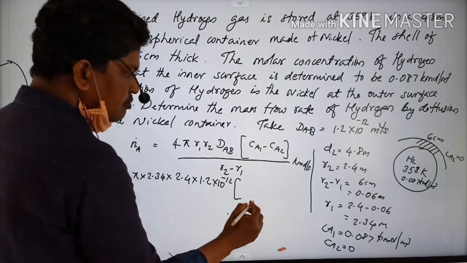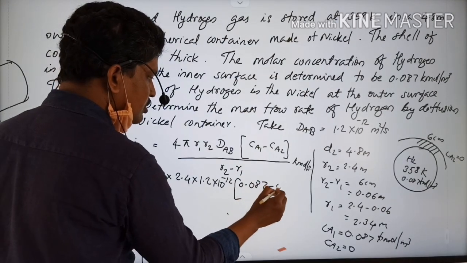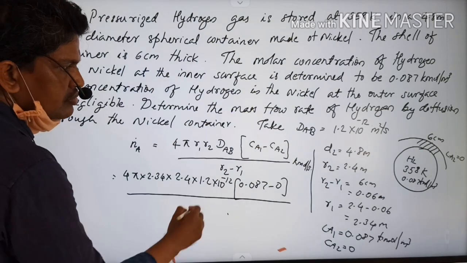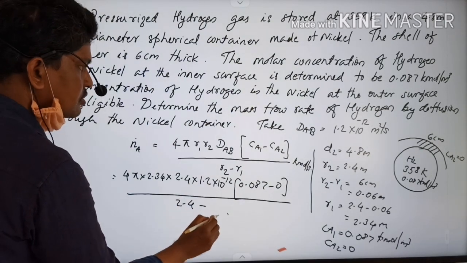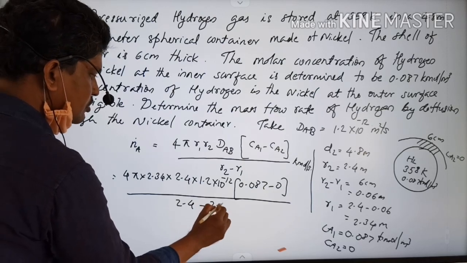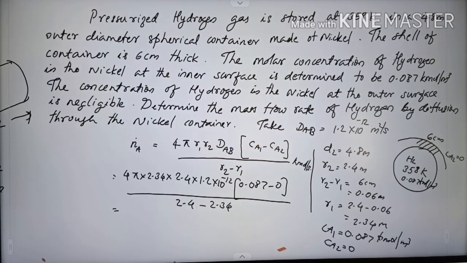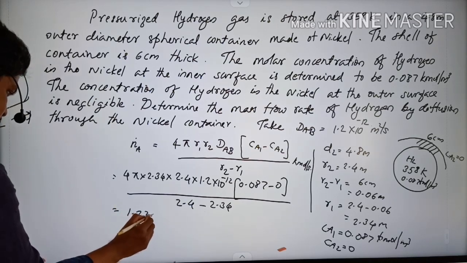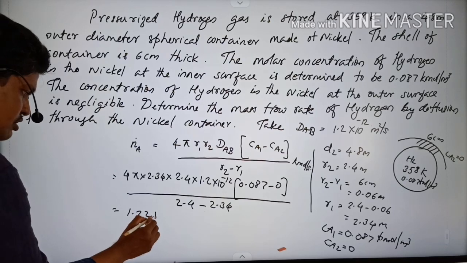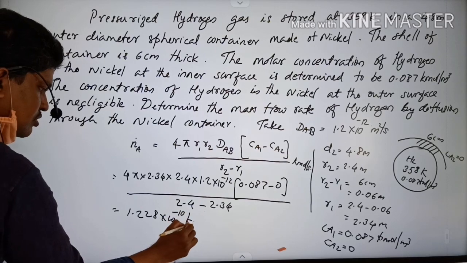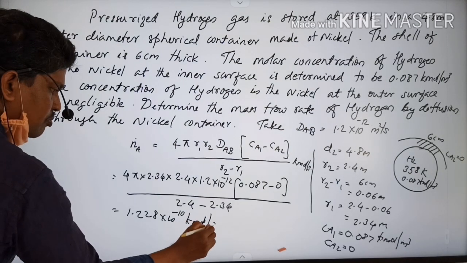So you substitute here, it becomes 0.087 minus 0 divided by R2 minus R1, 2.4 minus 2.34. So we'll get the answer as 1.228 into 10 raised to minus 10 kilomole per second.